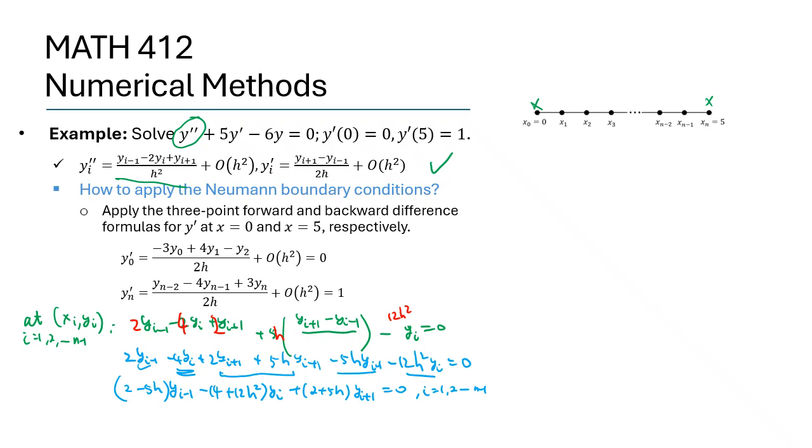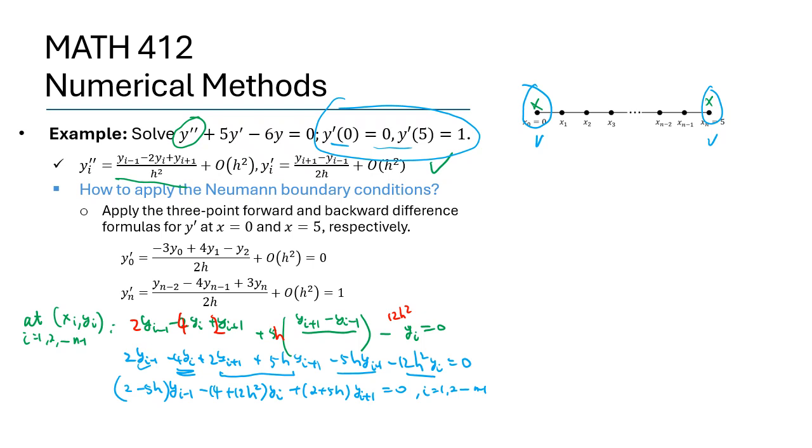Now we need to find y sub 0 and y sub n, the two endpoints. They are not given, but the derivatives at the two endpoints are given. So we need difference formulas for these two endpoints.